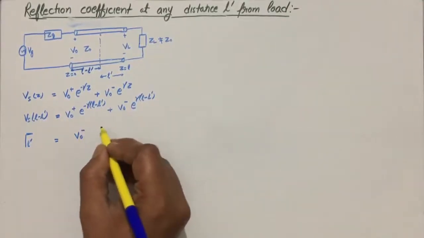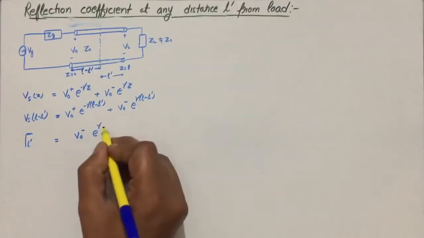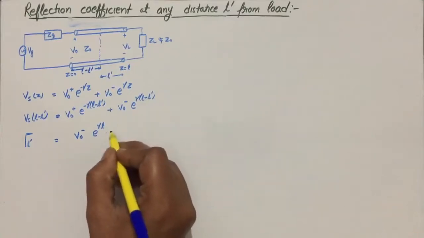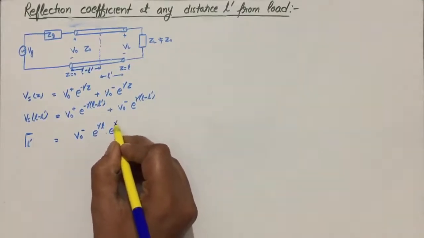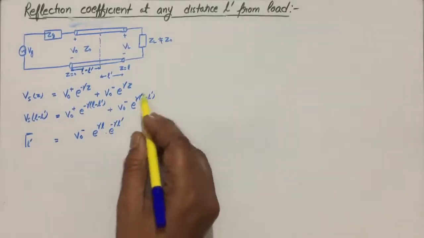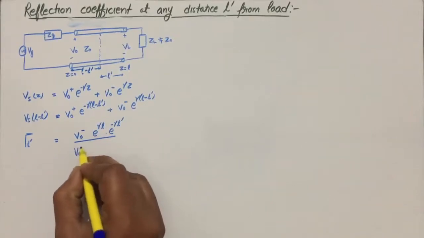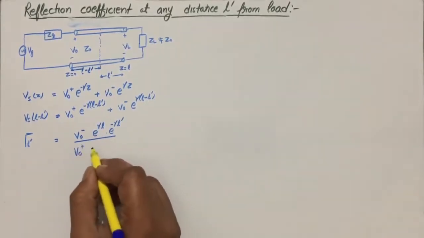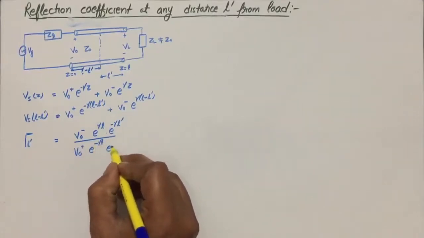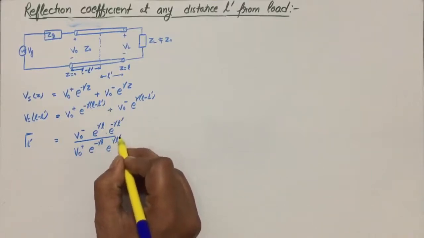So that is V naught minus, we can write this e to the power gamma L, and if we simplify then L dash with a minus sign, divided by positive e to the power minus gamma L and e to the power plus gamma L dash.